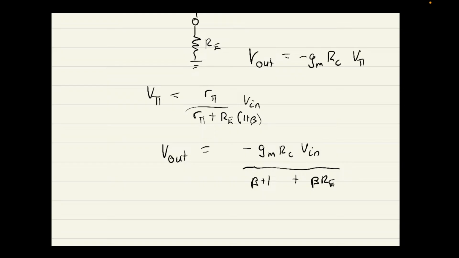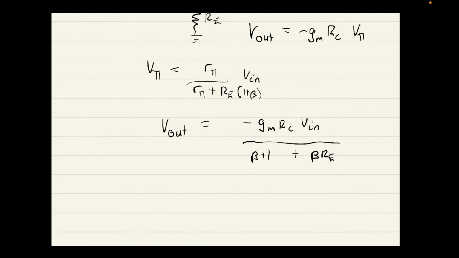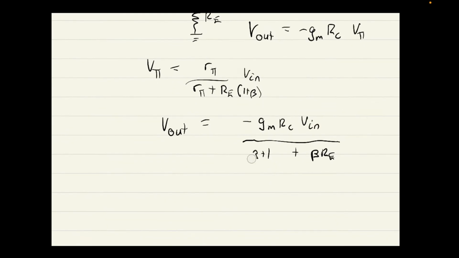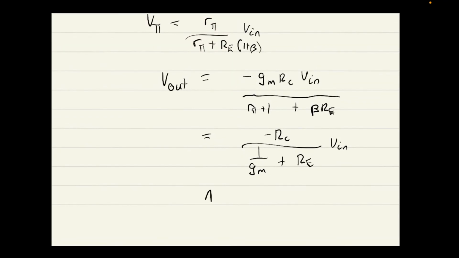Then we'll divide through by gm. Sorry, this is supposed to be r pi. Then we get Av. Yep, so that's your new gain equation over there.